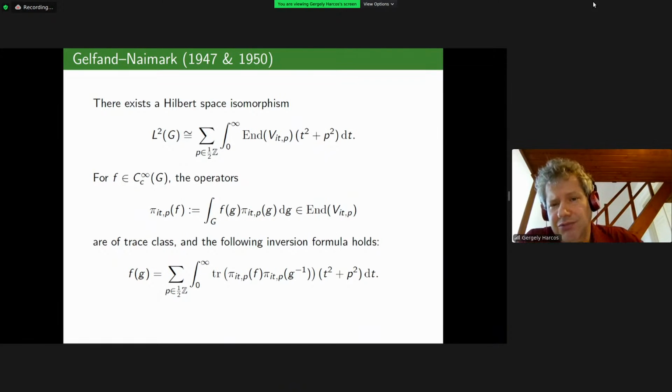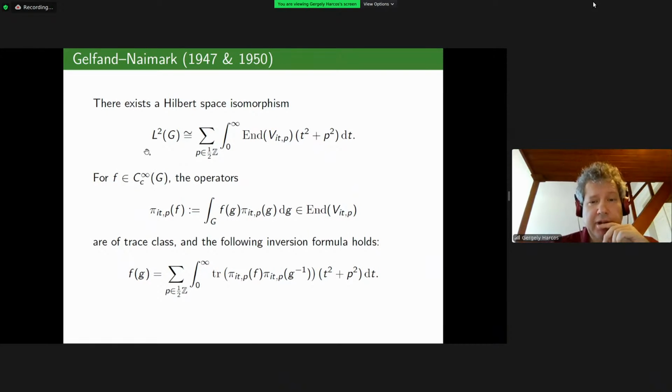The actual constant in front of this density depends on the Haar measure you use on the group G, and so we can just pick a Haar measure where t squared plus p squared dt is the Plancherel measure.